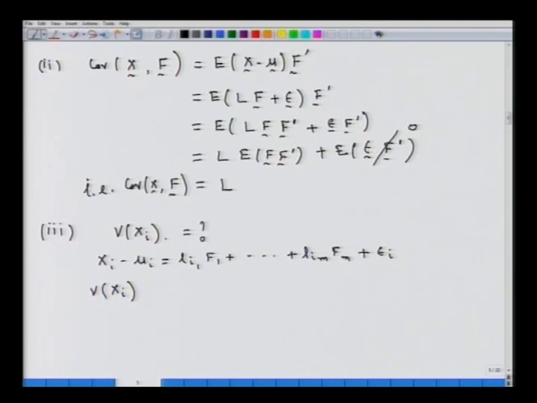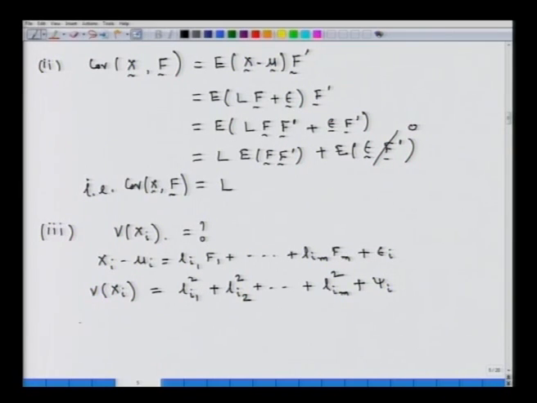On the right hand side, if we look at the variance term by term, each fi is uncorrelated with any other fj for i not equal to j, and the covariance of fi and epsilon i is also equal to 0 because we have taken it that way in the assumptions. So what we get is Li1 square, because the variance of f1 is equal to 1, then Li2 square and so on. The mth term is Lim square, plus the variance of epsilon i, which is the specific variance psi i.